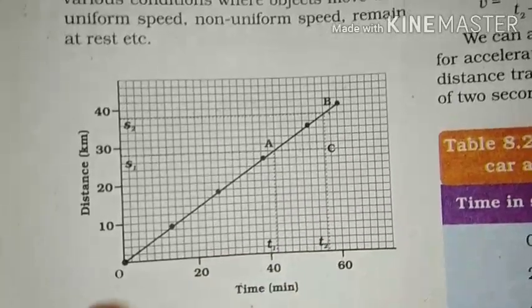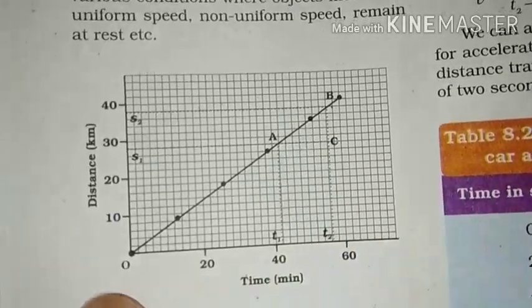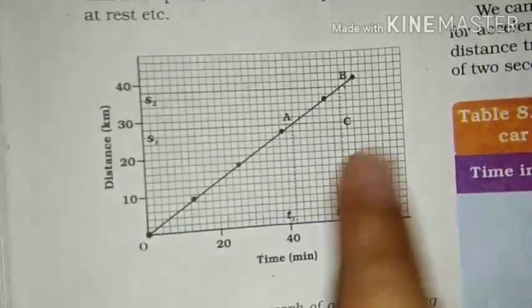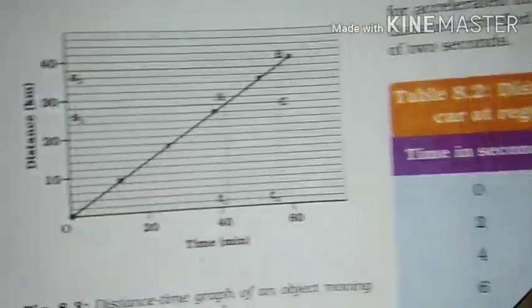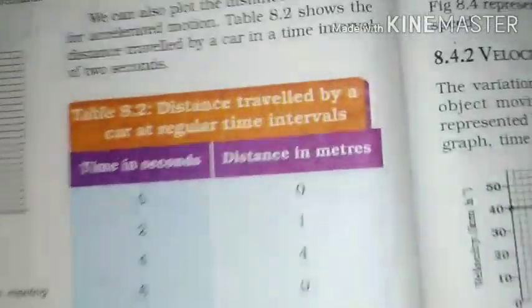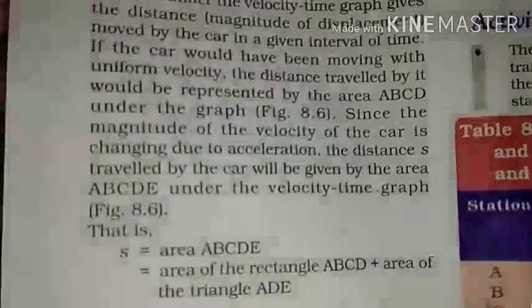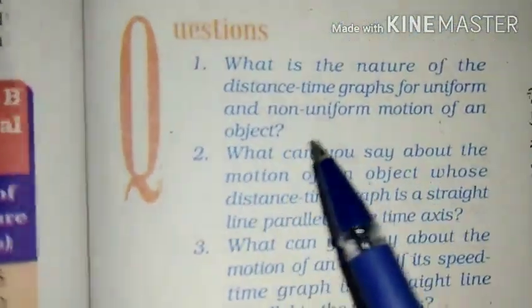This is the distance time graph for uniform motion. What is its nature? It is a straight line with some slope. So the answer will be, it is a straight line with some slope. And see the answer yourself. And the second part is non-uniform motion.